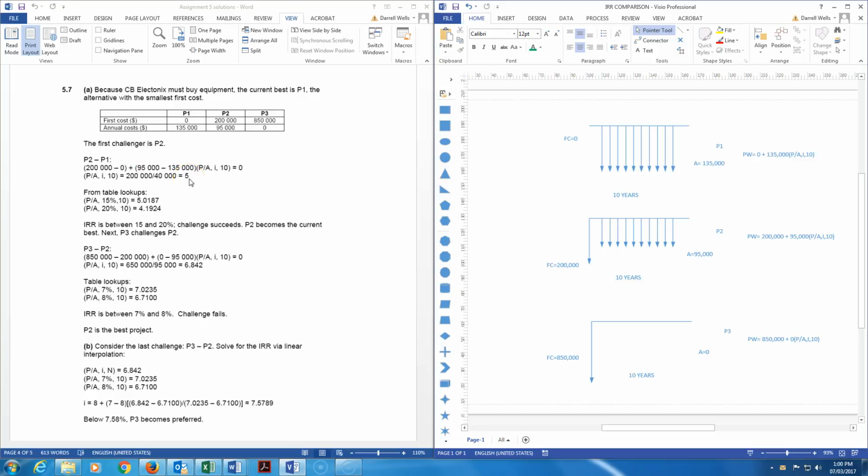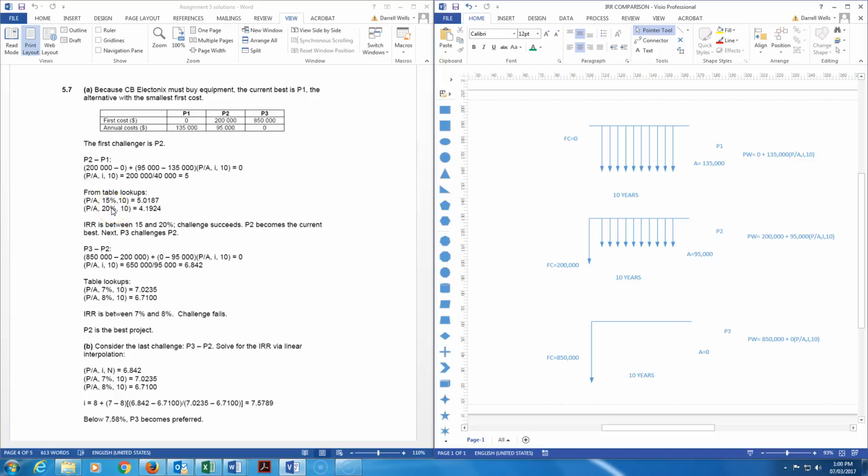And then this is where you use your tables within the text. From your tables, you look up P given A for 15% for 10, which turns out to be 5.0187. P given A for 20% for 10 is 4.1924. We're looking for a P given A value of 5, so this tells us that our interest rate for this challenge is going to be somewhere between 15 and 20%.